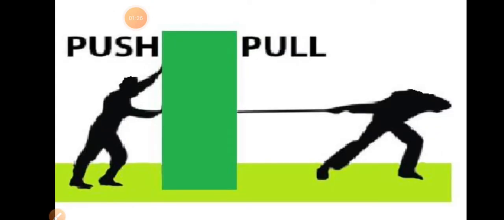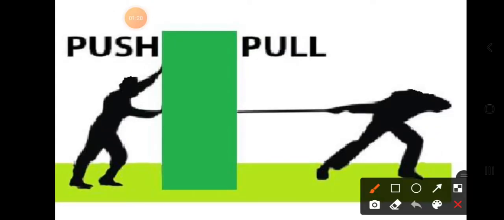Now here in this picture, when you observe carefully, a person is trying to push the block and another person is trying to pull the block. A person is there, he is trying to push the block like this, and another one is trying to pull the block.